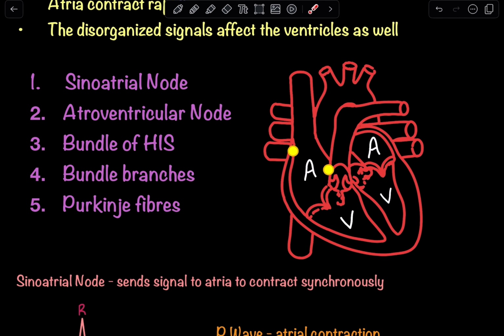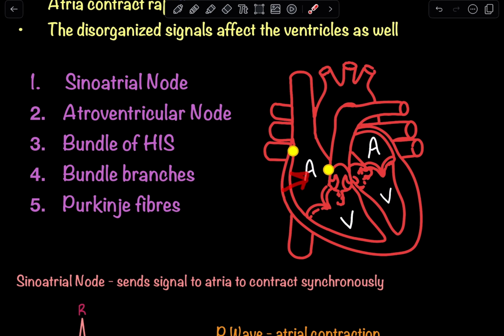Another way that we can have these irregular signals is through ectopic foci. Now, ectopic foci are essentially cells that are found in the myocardium that are excitable cells. They can act as pacemaker cells. And when these ectopic foci cells are excited and they send off electrical impulses, they send off randomized, rapid electrical impulses, which cancel out that SA node signal.